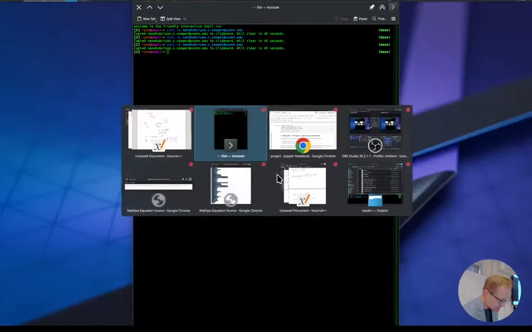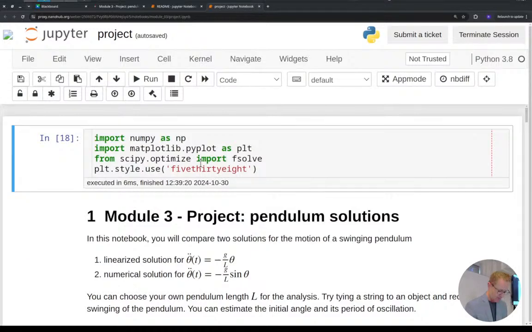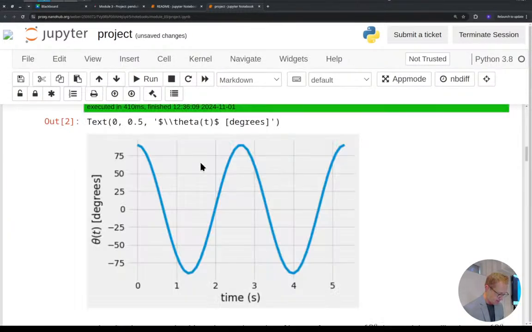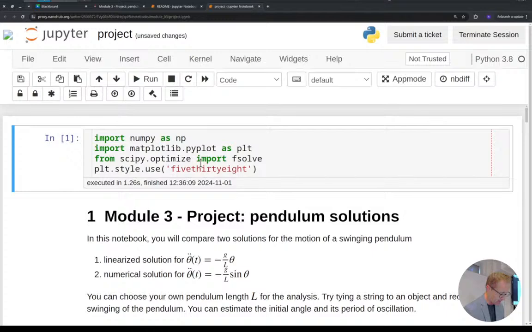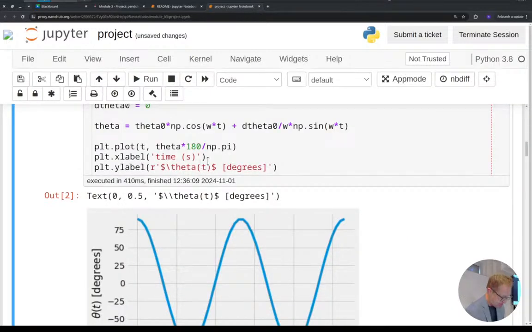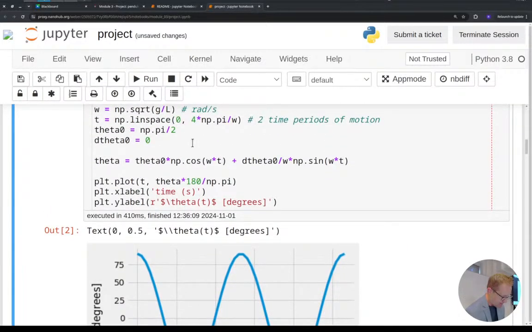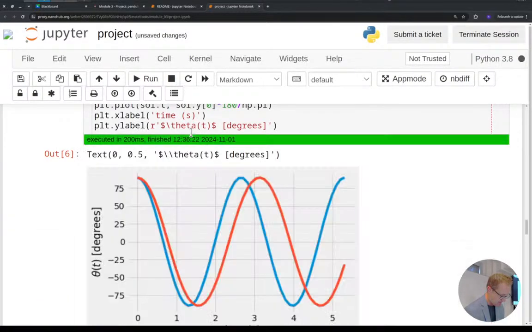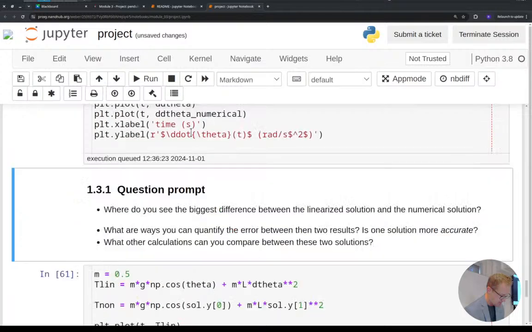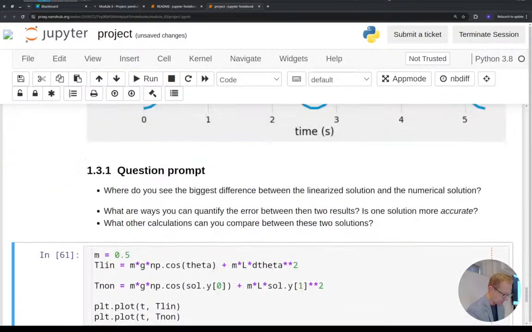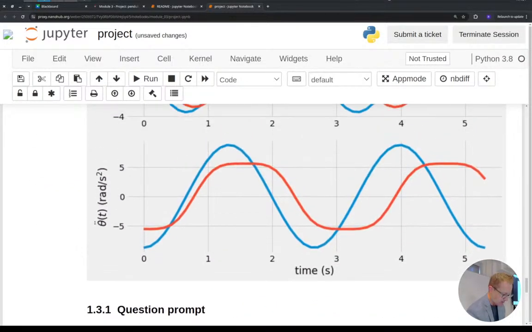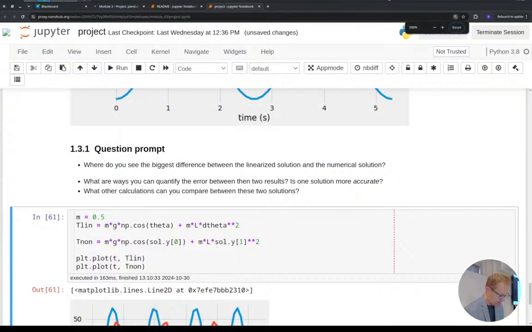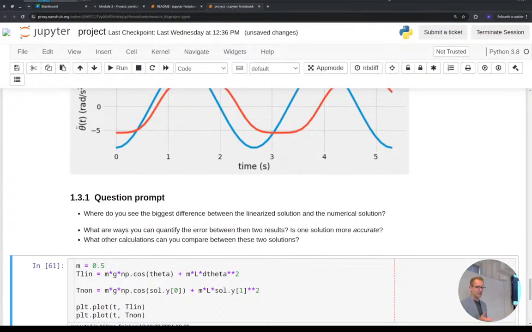All right, cool. So another good question that we're looking at is, wait, let me see, what angle am I at? Right now I'm at pi over 2, so we'll leave it there. What we were looking at before was the question of, okay, I notice the biggest difference when the angle gets bigger.